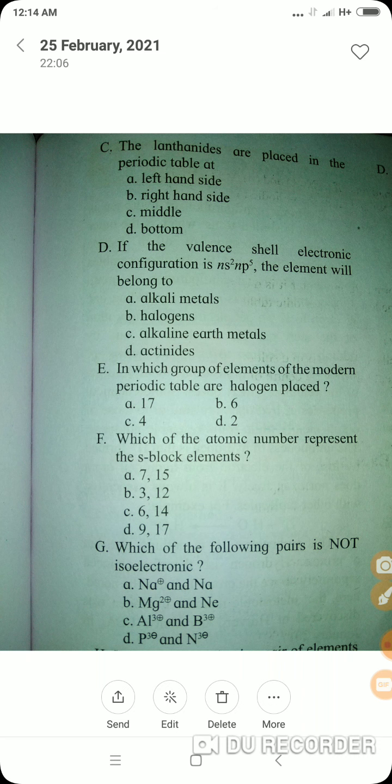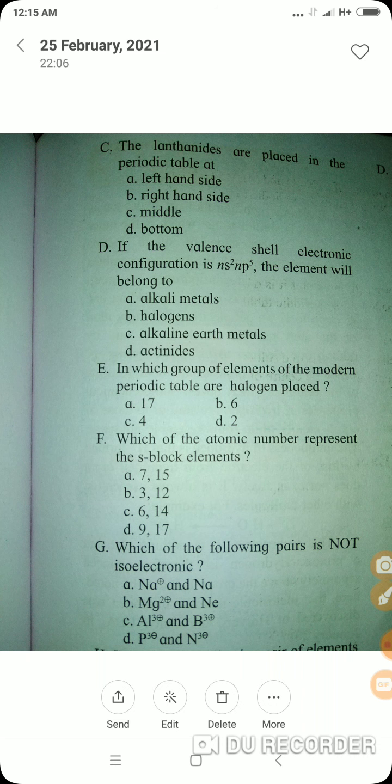Option A: Na+ ion and Na sodium atom. We know that Na+ has one electron less than the sodium atom. So Na+ contains 10 electrons and the sodium atom contains 11 electrons, which means option A is correct. This pair is not isoelectronic. The Na+ ion and the Na sodium atom are not isoelectronic species.